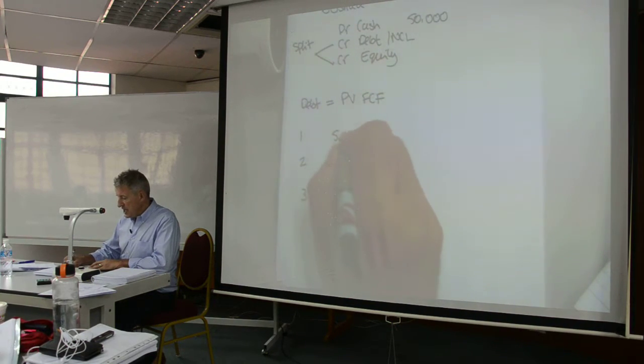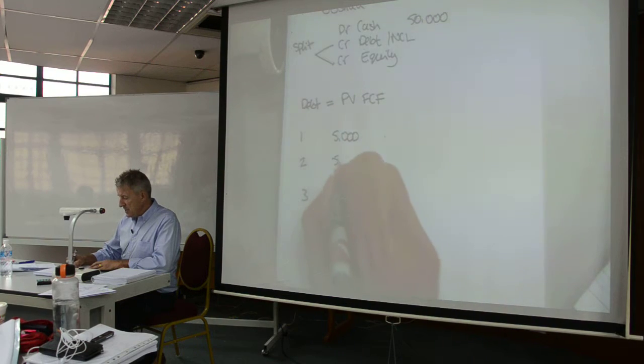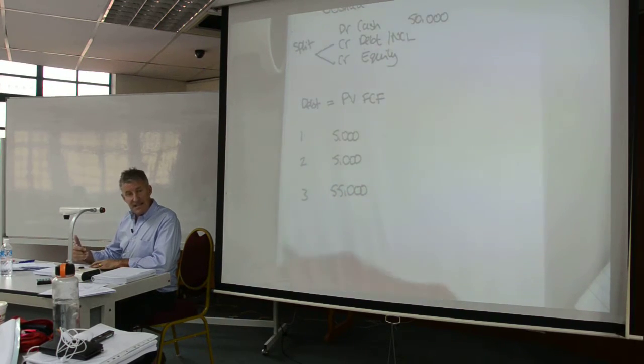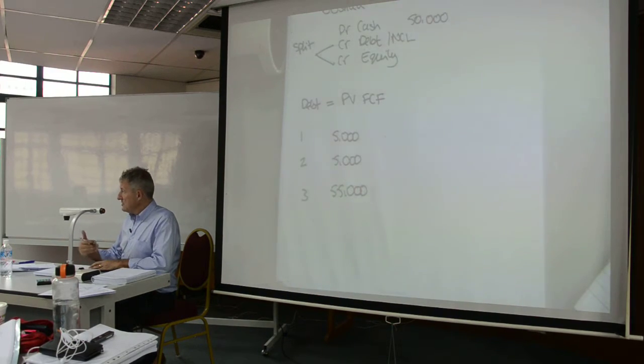In the first year, you would pay 5. In the second year, you would pay 5. And in the third year, you would have an obligation to pay 55. That is 10% of the 50, plus the 50, because it's a 3-year bond.